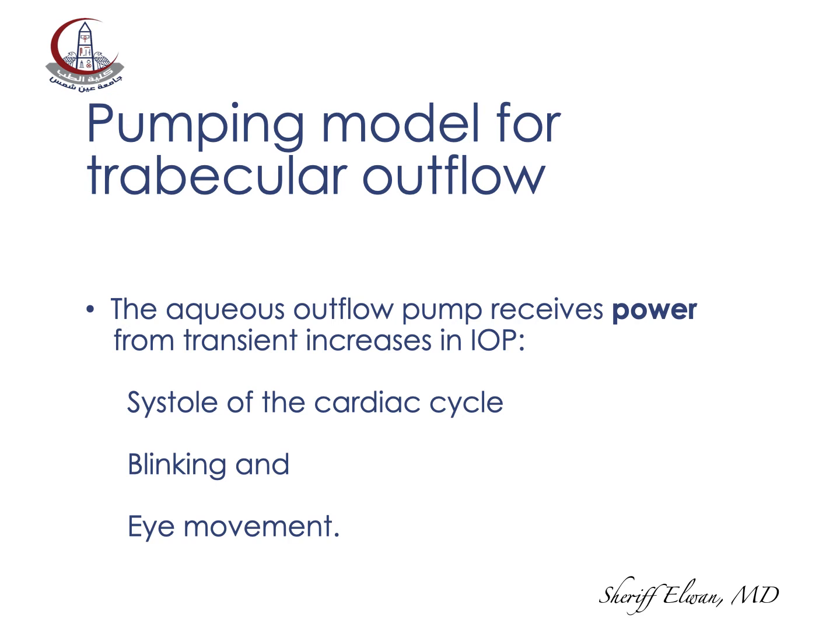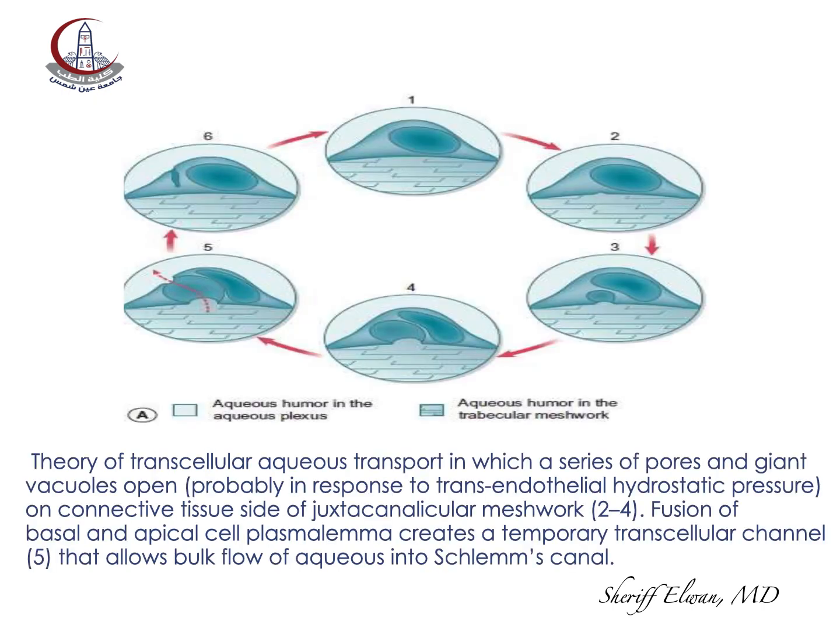The second is the frequent physiologic blinking, and the third is the eye movement. So, drainage of aqueous is postulated to occur in these 6 steps depicted in this diagram.